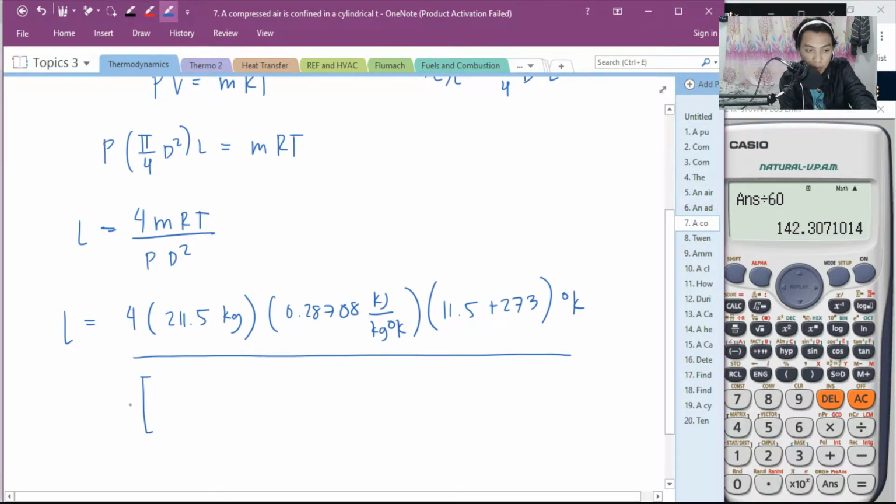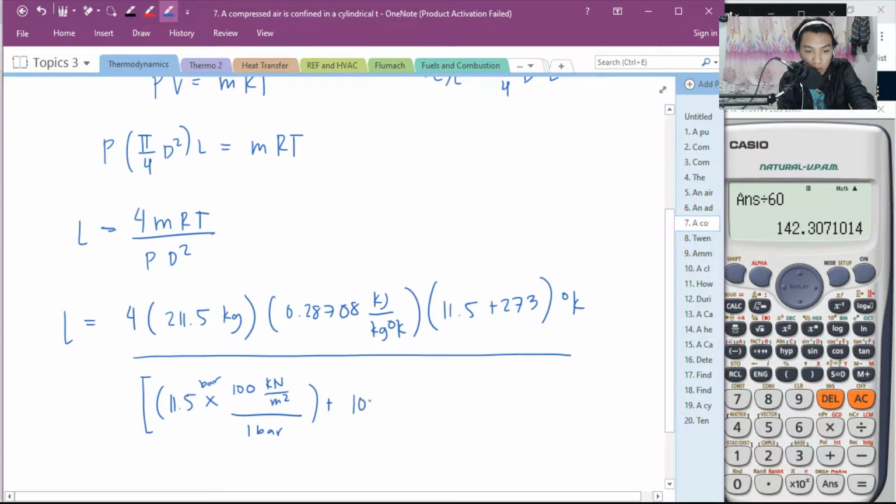So, 11.5 times 100 kPa, kilonewton per meter squared per 1 bar, plus ilan?